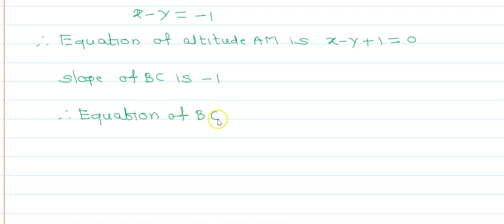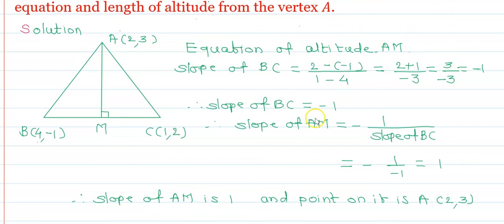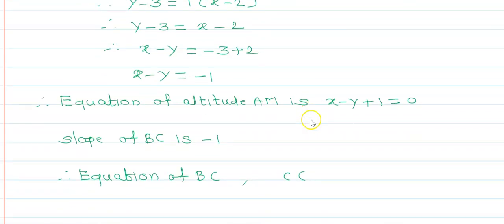C is a point on BC whose coordinates are (1, 2).